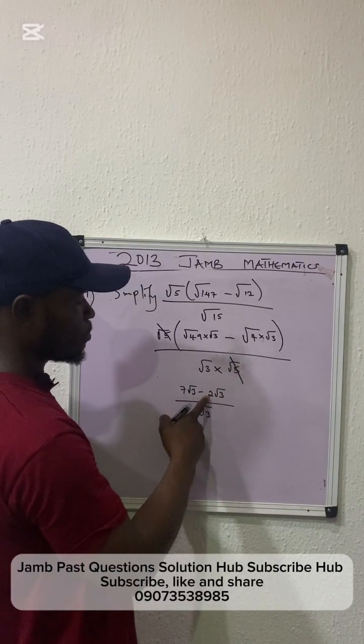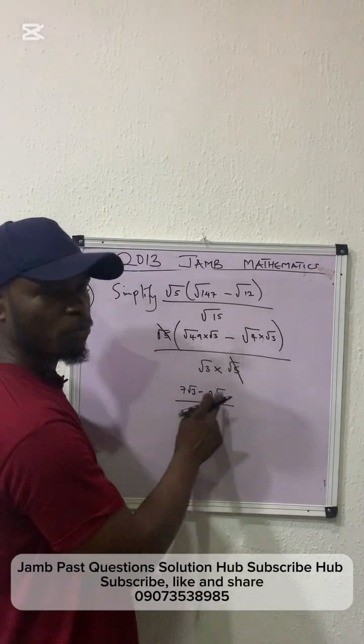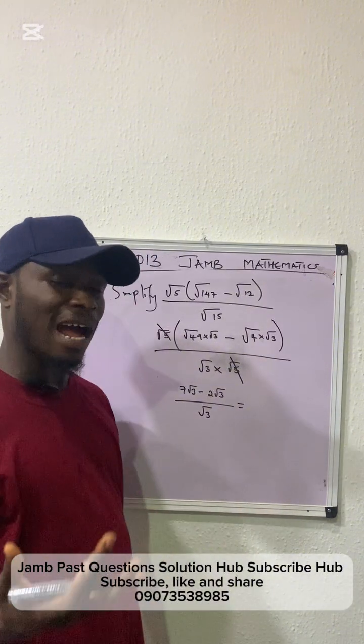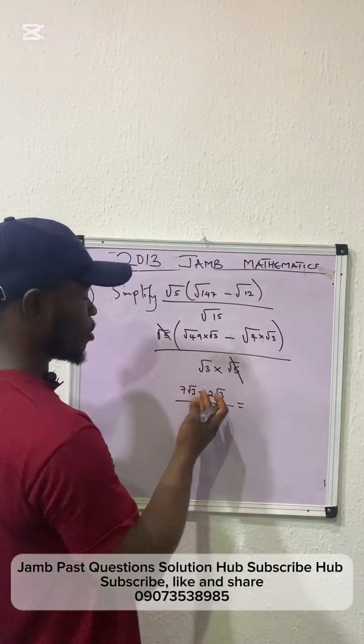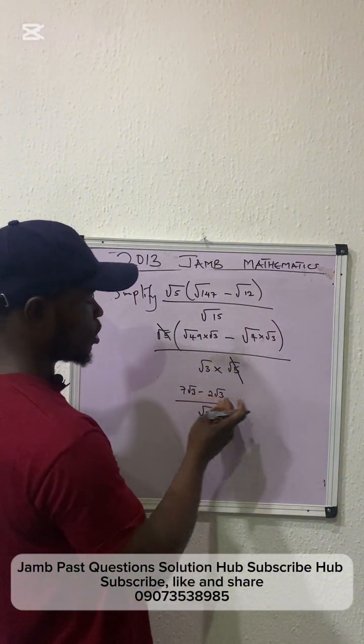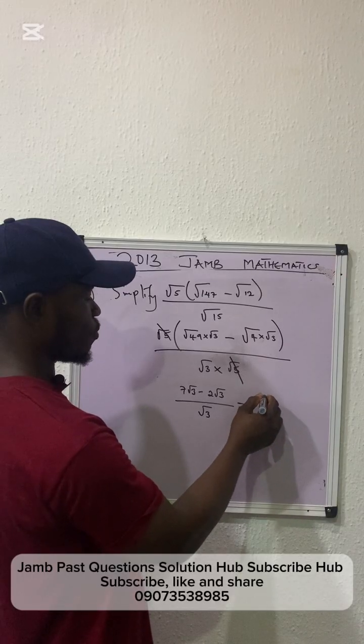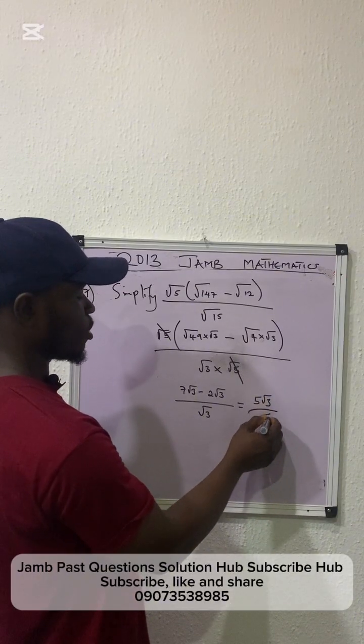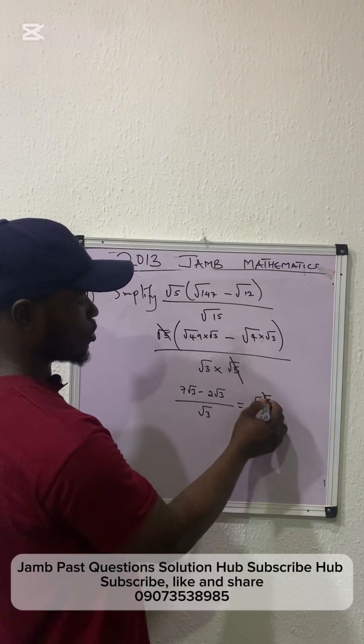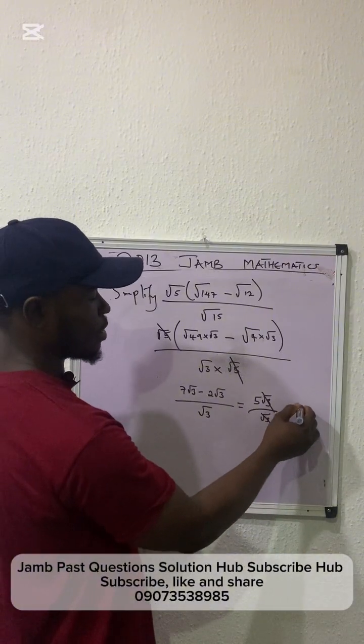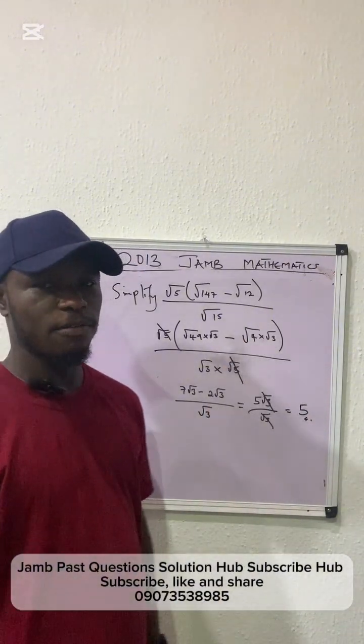Since it's root 3 and root 3, we can subtract. 7 root 3 minus 2 root 3 gives you 5 root 3 all over root 3. So root 3 cancels out root 3, and we have our final answer to be just 5. That's your answer.